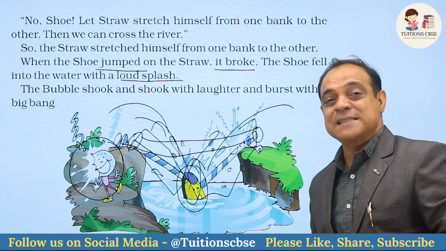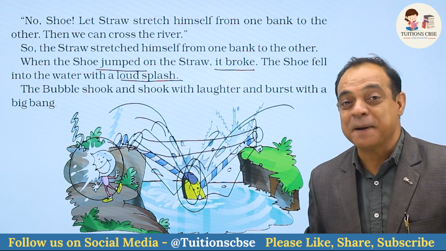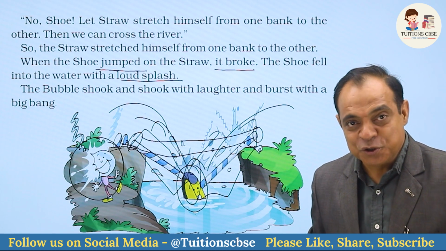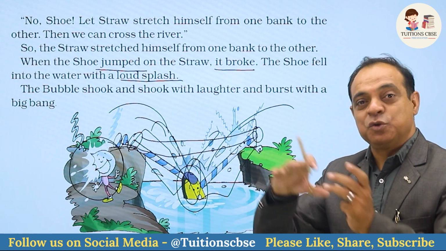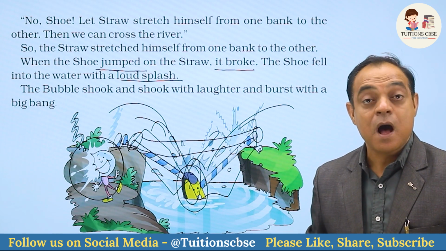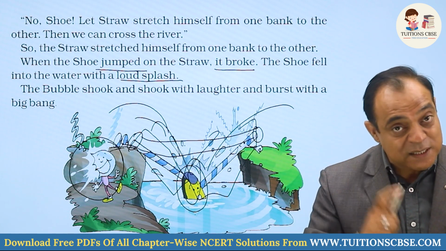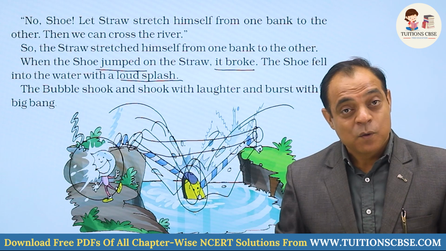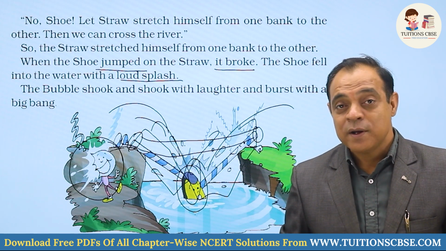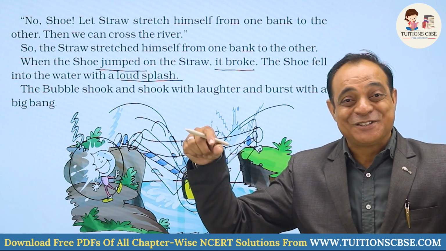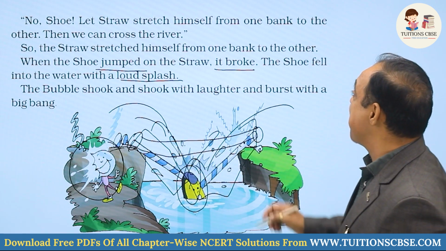What was the first idea given by the shoe? The shoe told the bubble that the bubble would float and the shoe would sail on the bubble. Ah, yes, that was the first idea. But what did the bubble say? The bubble gave another idea: no, the straw will become a bridge and will spread from one bank to the other.